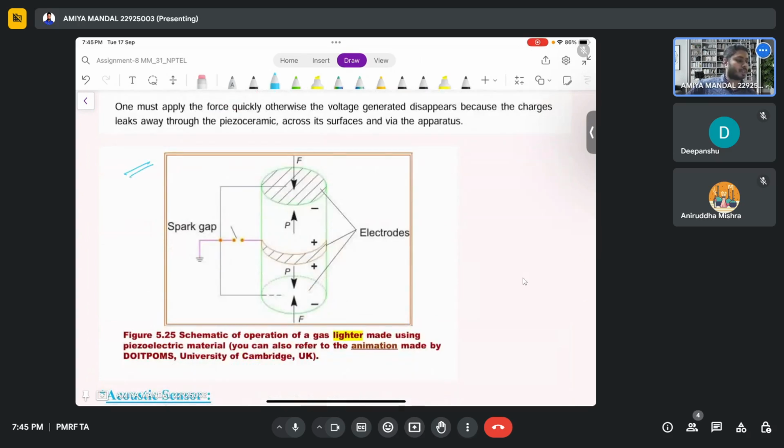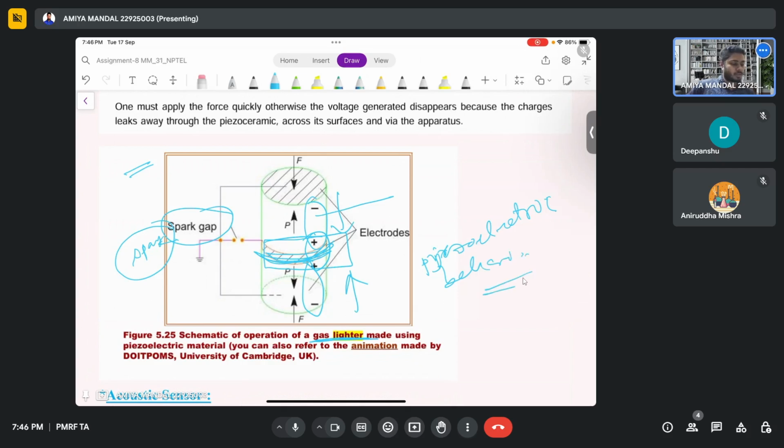Now how gas lighters work. There are two oppositely polarized piezoelectric materials. When these two are connected at opposite positions, so that the two plus ends are situated at the same interface, a spark is generated. This spark is used in a gas lighter by following the piezoelectric behavior.